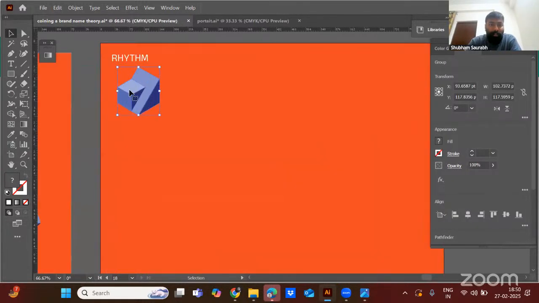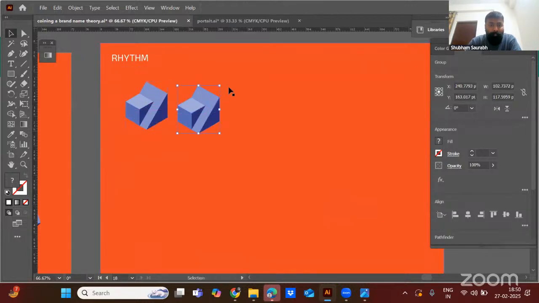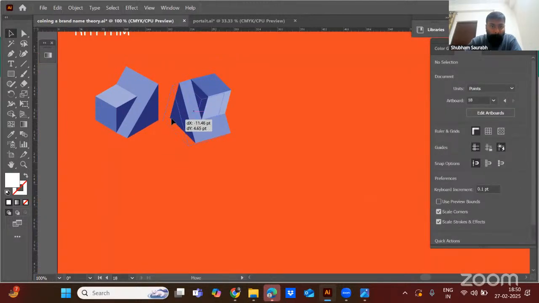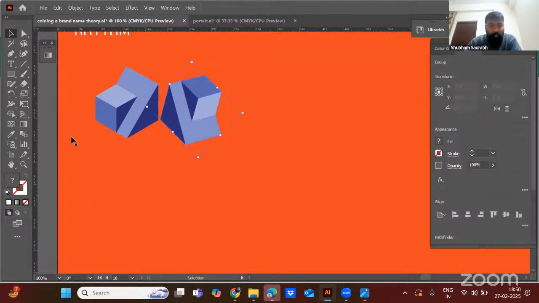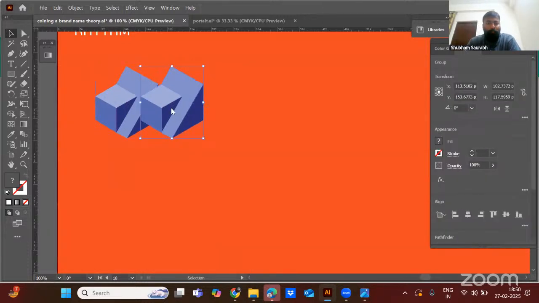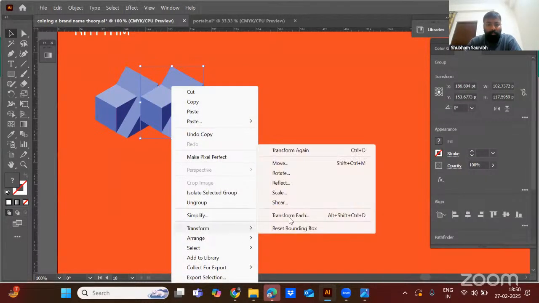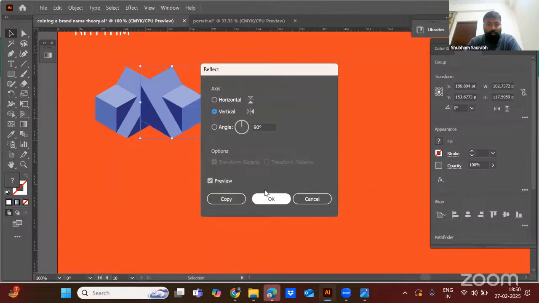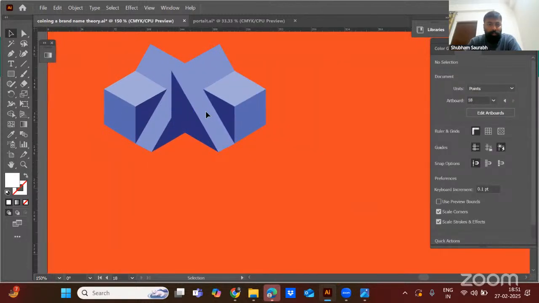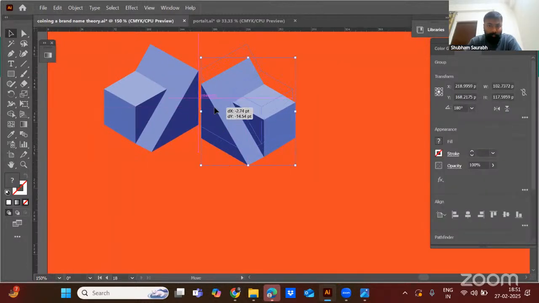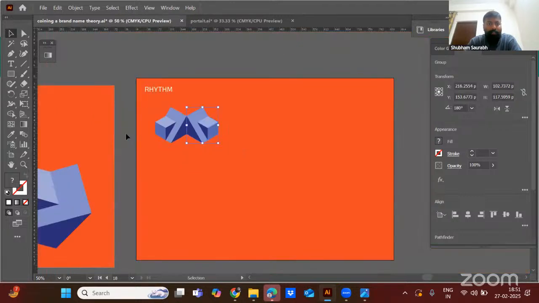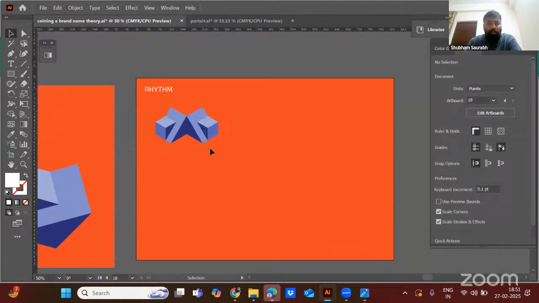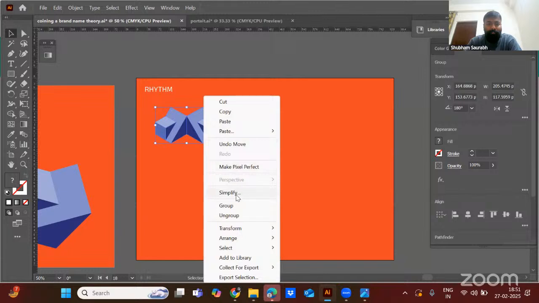So for example, you create a pattern, something like this. Okay, it becomes the interesting part. And now what we'll do, we'll try to repeat it.